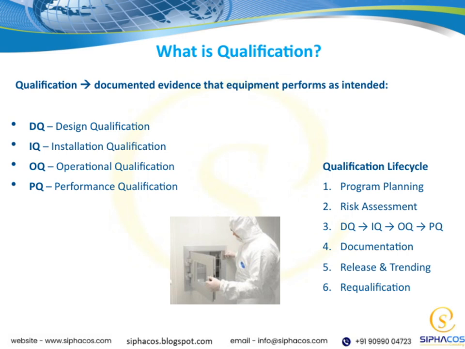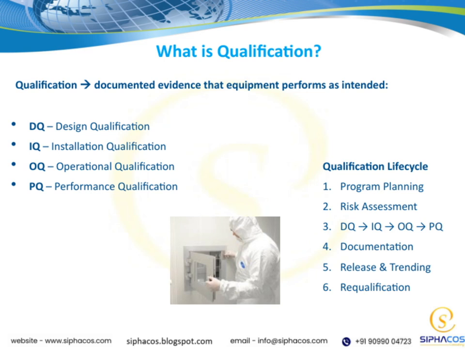Let's walk through the qualification lifecycle, which is a critical part of ensuring equipment performs as intended. It all starts with program planning, where we lay out the strategy and scope. Then, we move into risk assessment to identify potential issues early on. Next, we go through the sequence of qualification steps: DQ, IQ, OQ, and PQ. Each of these stages plays a vital role in validating different aspects of the equipment: design, installation, operational performance, and ultimately, performance in real-world conditions.